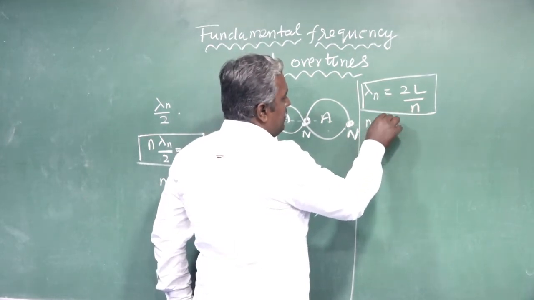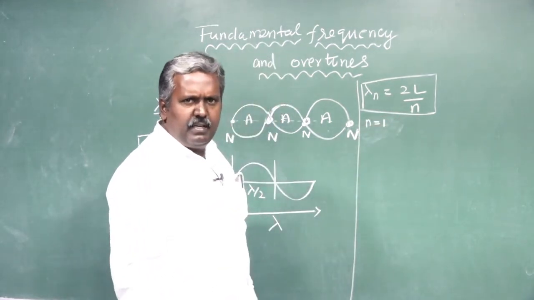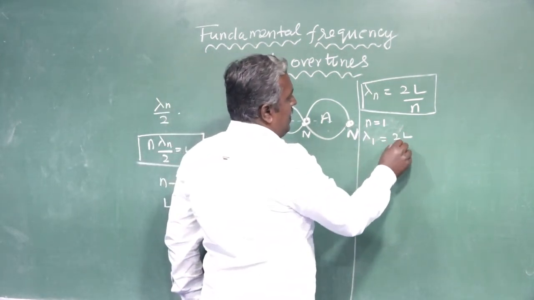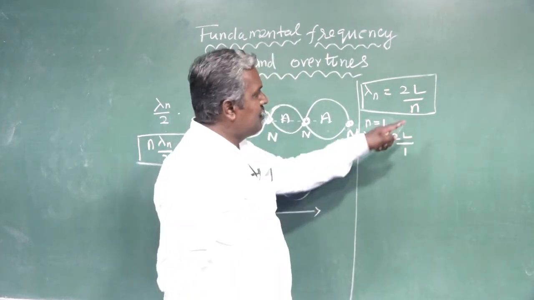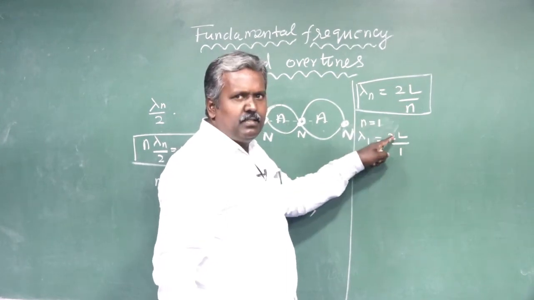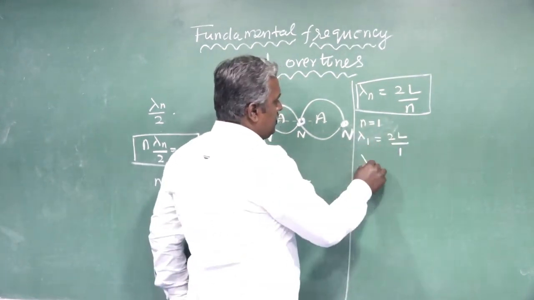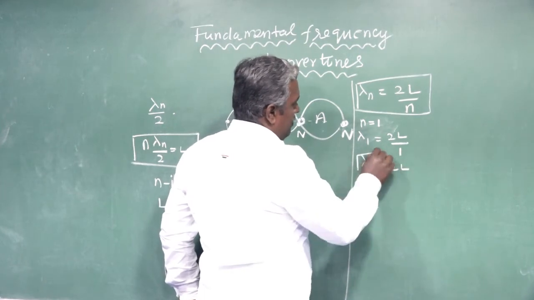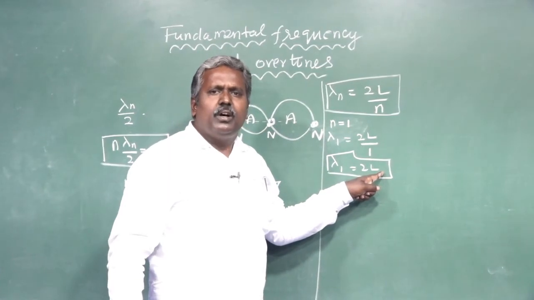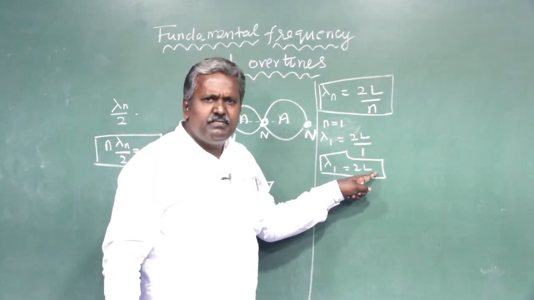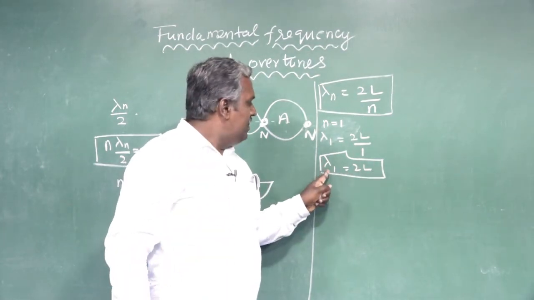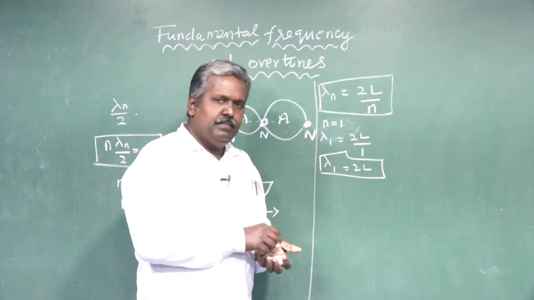If n is equal to 1, lambda 1 is equal to 2L by 1, substituting in this formula. So we get 2L. This is the first mode of vibration, with specific wavelength lambda 1 equal to 2L.